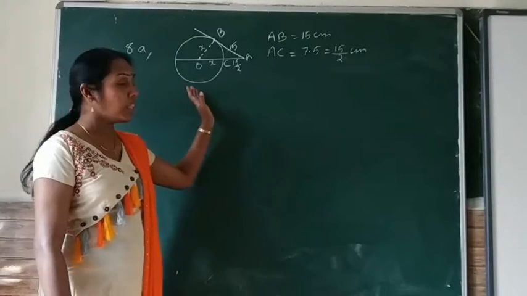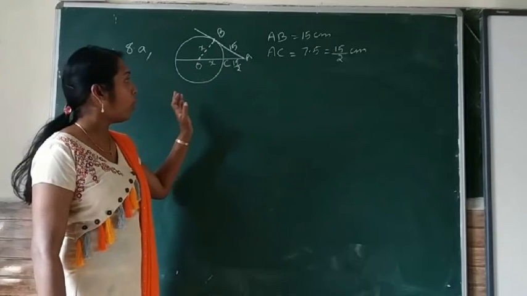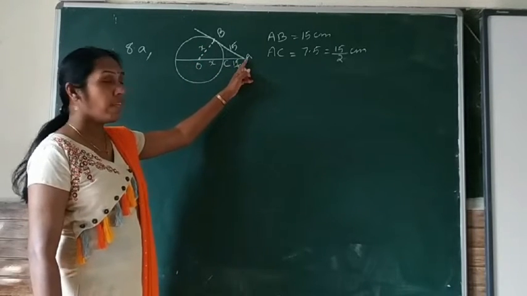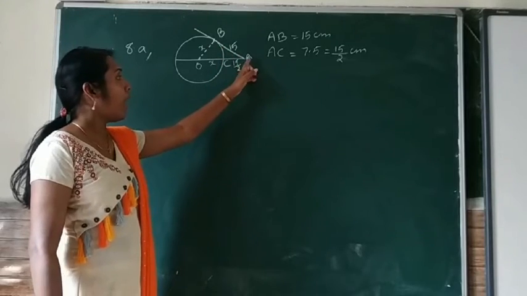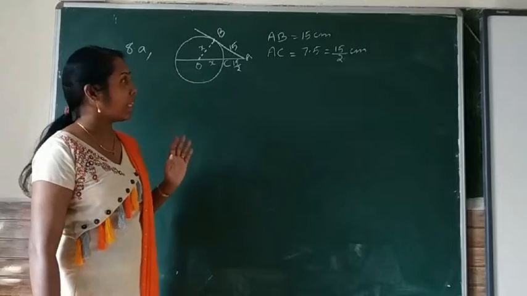In this figure, AB is a tangent to the circle with center O, and it is given that AB is 15 cm and AC is 15 by 2. We have to find out the radius of this circle.